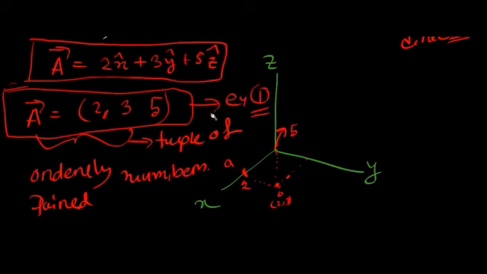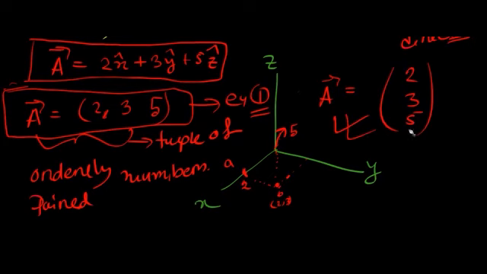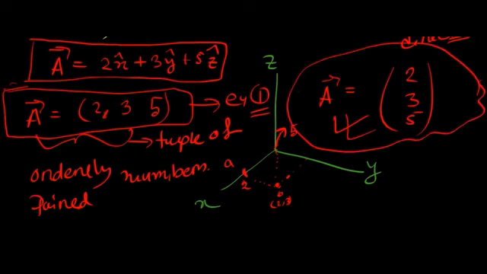You can see that this vector can be thought of as a row matrix or a column matrix. Why am I saying it can be thought of as a column matrix? Because you can write this to represent this vector. In fact, we will represent it as a column.